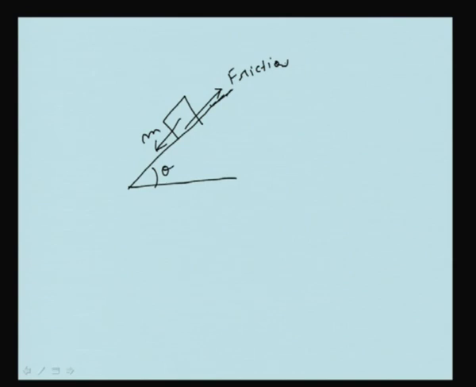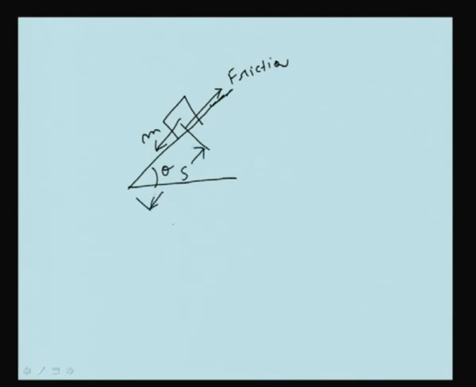Similarly, if you are provided a problem where a particle of mass m is on an inclined plane, inclined at theta, and this particle is sliding down, with the friction force also acting here, what will be the velocity when the particle has travelled a distance s along the inclined surface?